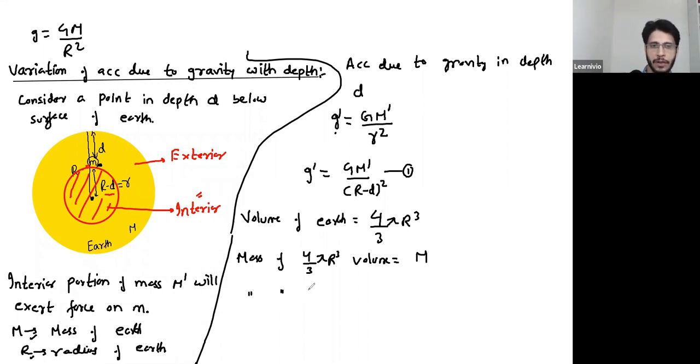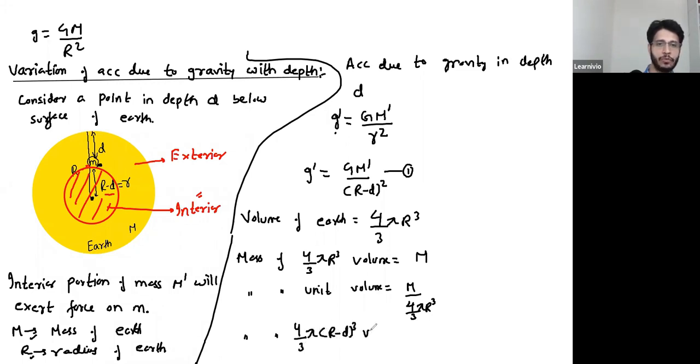First of all, I will calculate the mass of unit volume, meaning 1 meter cube volume. That comes out to be M by 4 by 3 pi R cube. This step is equivalent to the step where we calculate the cost of 1 pen. Next you need the mass of 4 by 3 pi (R minus d) cube volume.